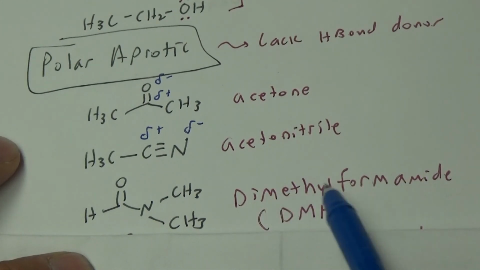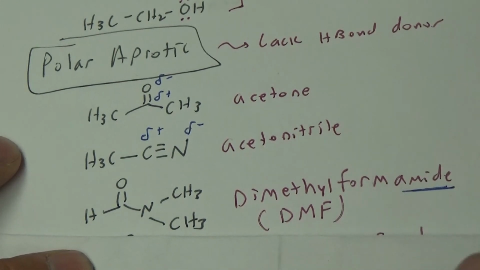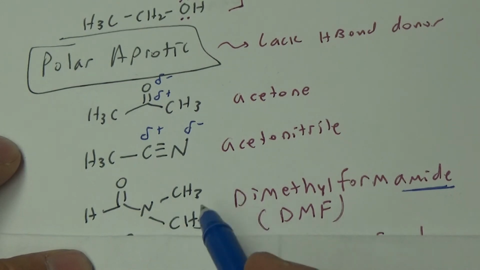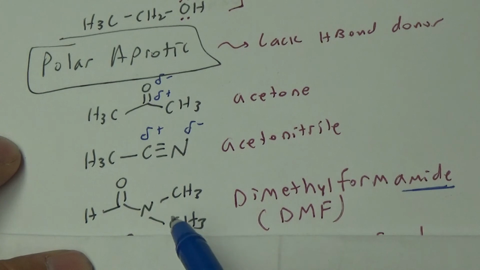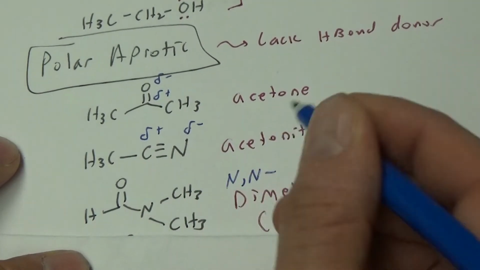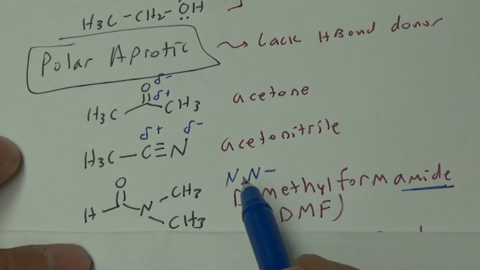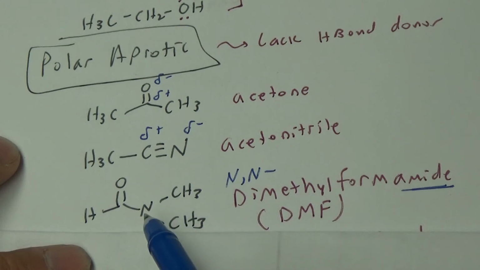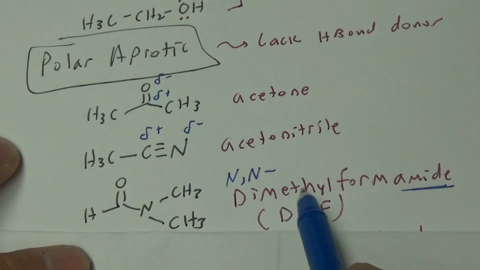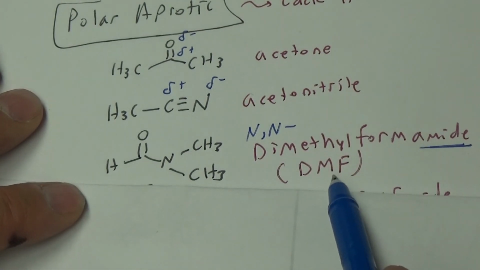It's an amide, due to the amide functional group, C double bond O, N. Dimethyl, in this case, refers to the two methyls on nitrogen. Sometimes it's called N,N-dimethylformamide. What does the NN mean? That means you have two methyls on the nitrogen. There's only one nitrogen. NN refers to the same nitrogen. N,N-dimethylformamide, or DMF. Memorizing the abbreviation is probably a good idea.